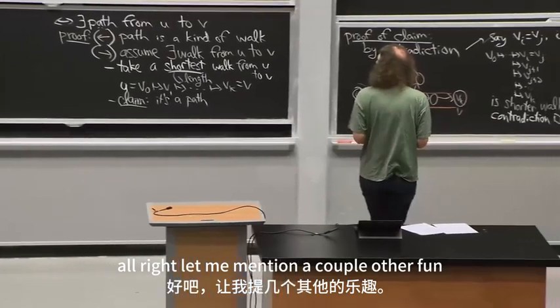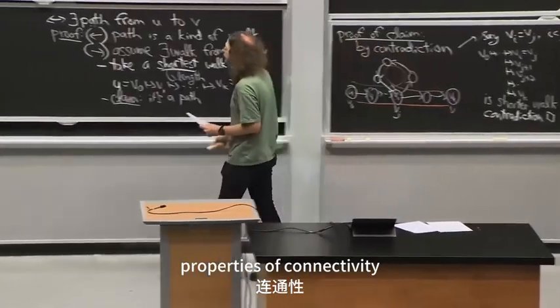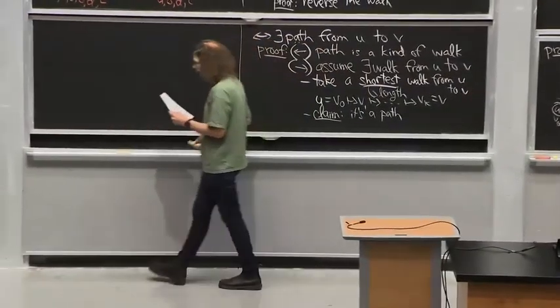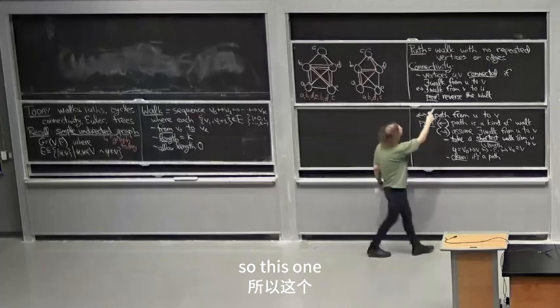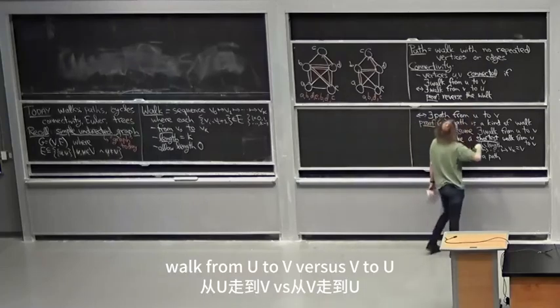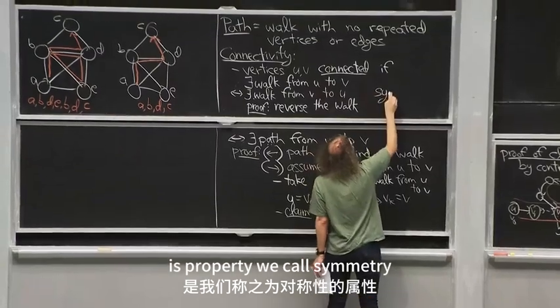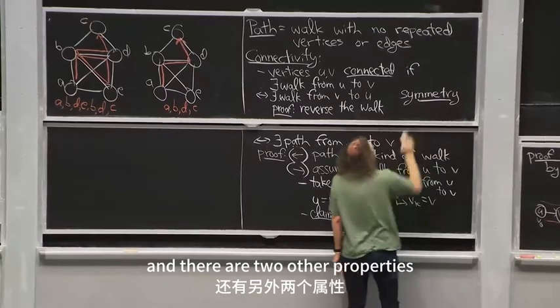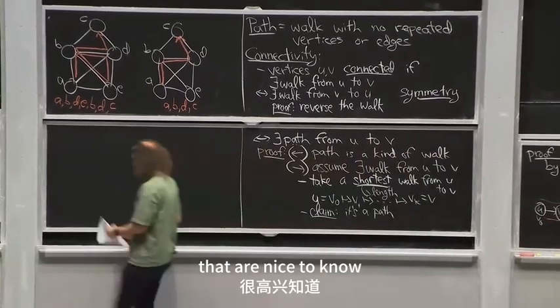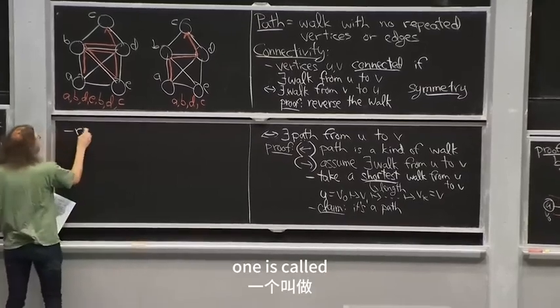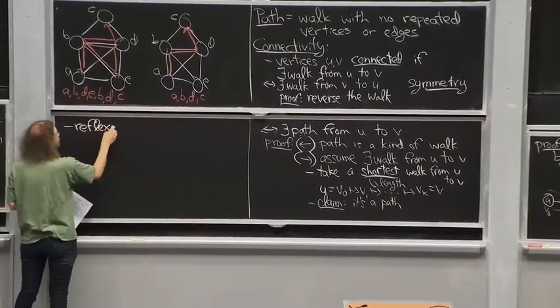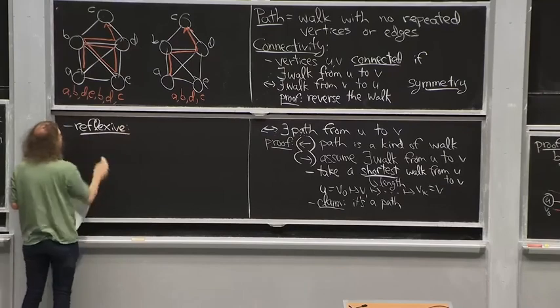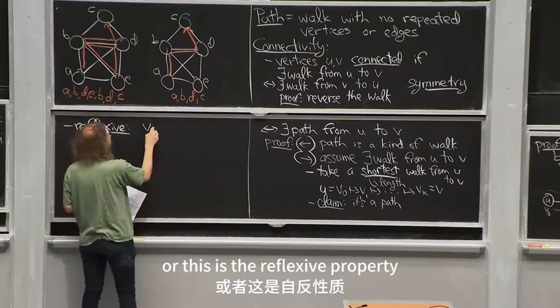All right, let me mention a couple other fun properties of connectivity. Maybe over here. So this one, walk from u to v versus v to u, is a property we call symmetry. And there are two other properties that are nice to know. One is called reflexivity, or this is the reflexive property.